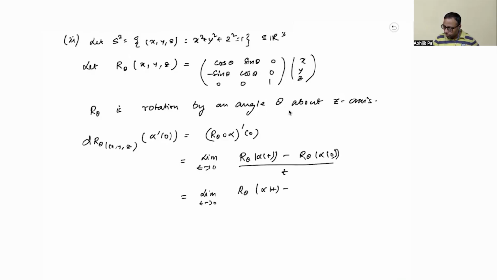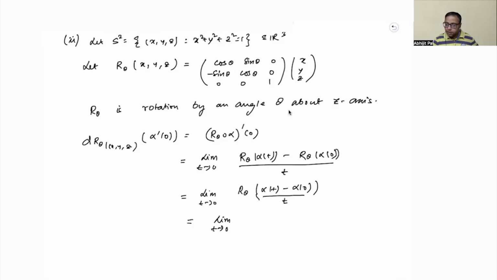So R theta of alpha t minus alpha 0 is the same as R theta of alpha t minus R theta of alpha 0, because this R theta is linear, and also I can take this t inside. Okay, so let me do one more step here. So this is equal to the limit as t tends to 0.